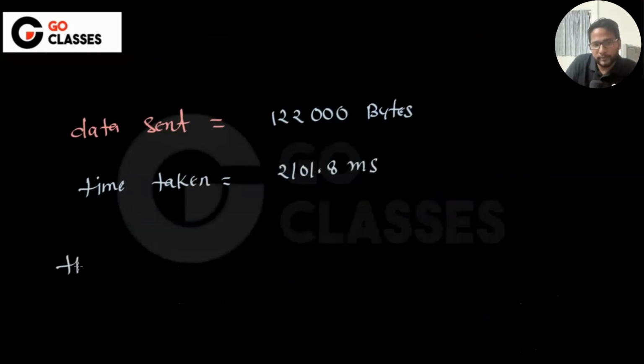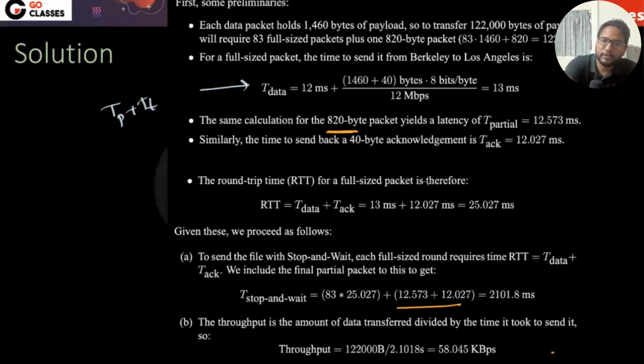So the throughput will be, you can definitely find it right from here. It will be just the division of both of these.